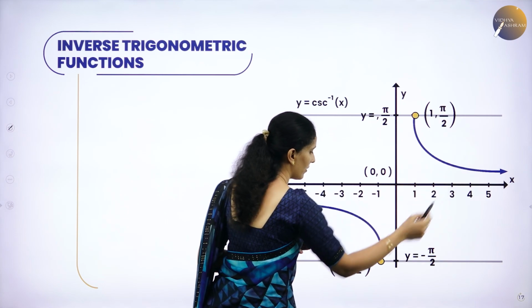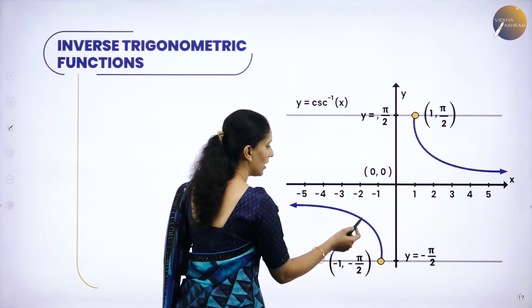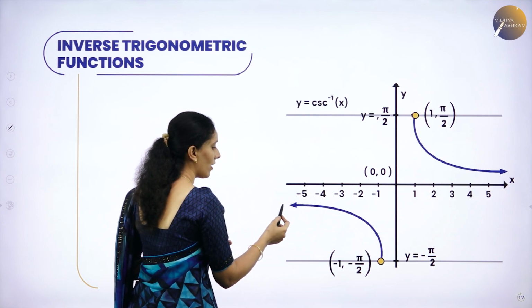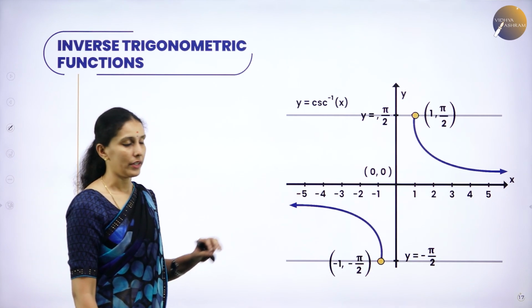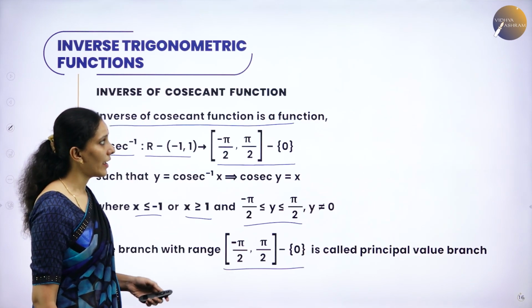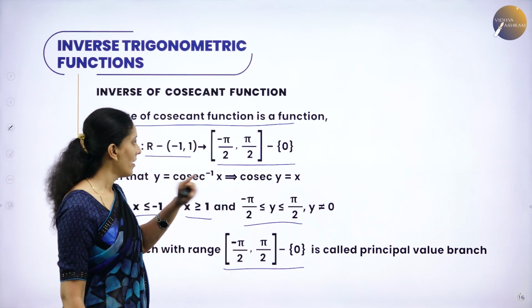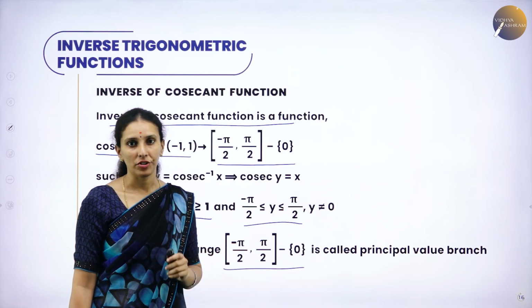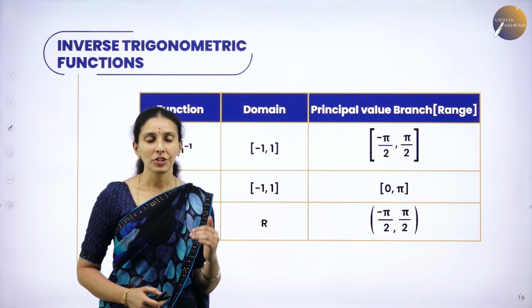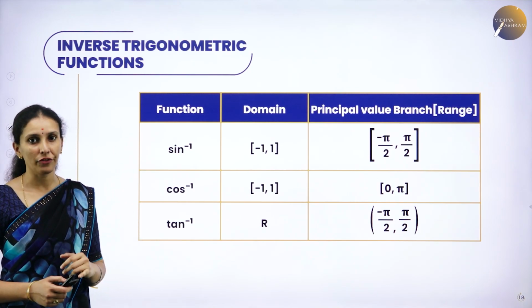So the graph goes like this, and this is the point (-1, -pi by 2). From here, for all values less than -1, the graph of the cosecant inverse function moves towards -infinity. Thus the domain we say is R minus (-1, 1), and this is the range of the cosecant inverse function.